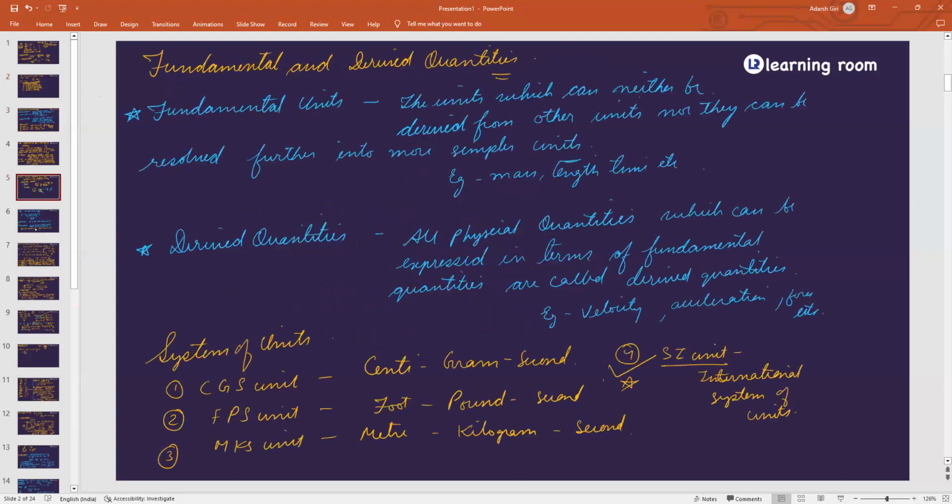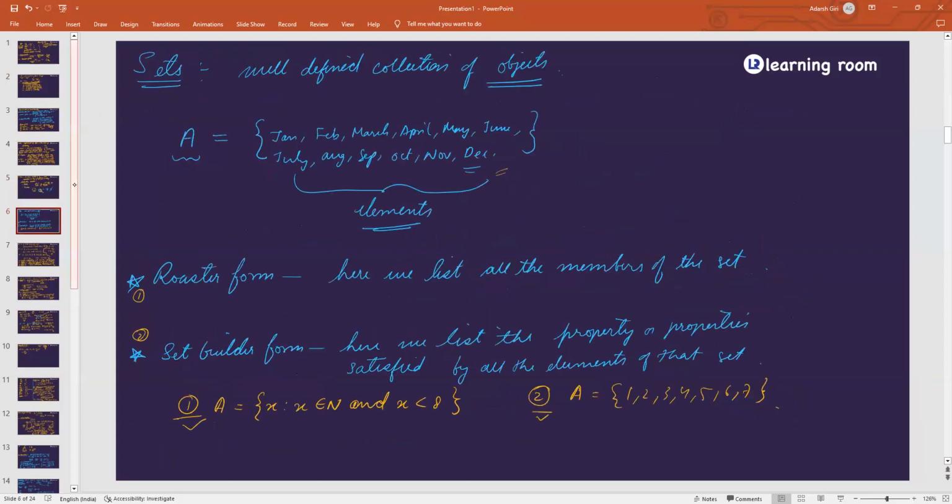Where did we start with? Okay, see here. What I said, sets are well-defined collections of objects, right? So a set can be anything. We have written a set A, which is a collection of months of a year, right? So all of these months are the elements of that particular set. Any set, we can write it in two forms, either roster form or set builder form. What is roster form? Here we list all the members of the set, and in set builder form, we list the properties.